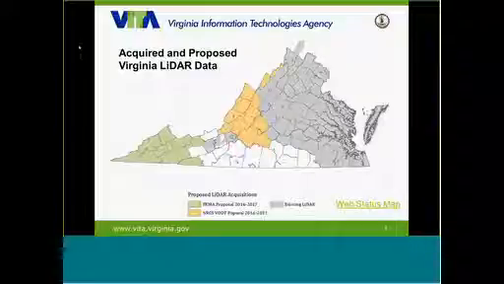VITA has also put in a proposal under the 3DEP program for funding for next year for the area showing up in that light orange color. We have not received approval on that yet, so that is still tentative. But we had good participation of partners with NRCS and the Virginia Department of Transportation on that, the U.S. Forest Service, and a few others.